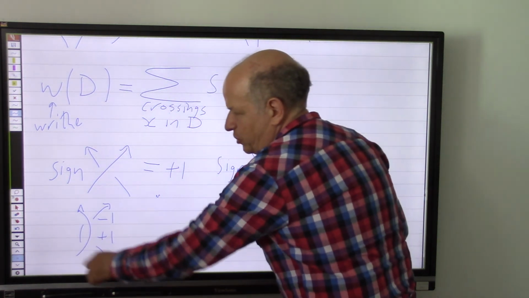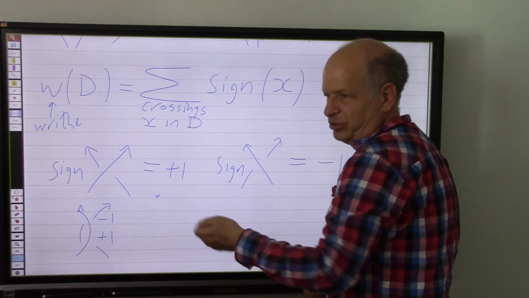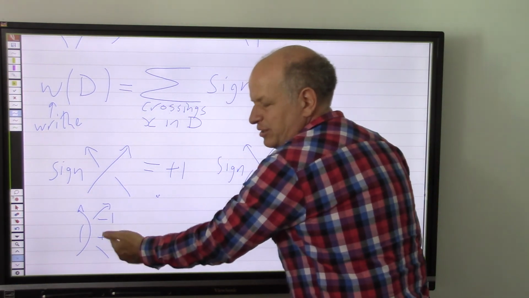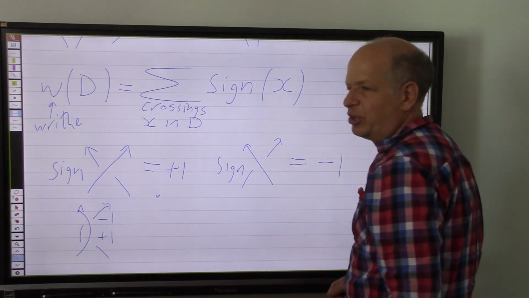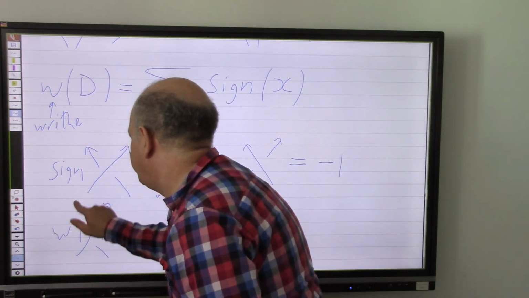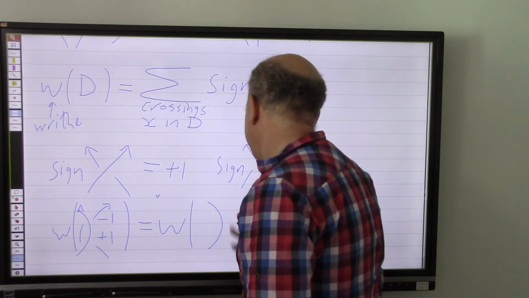So this configuration will contribute 0 to the writhe. I sum over the signs of all crossings, so this configuration will contribute 0. So the writhe of this is the same as the writhe of that.